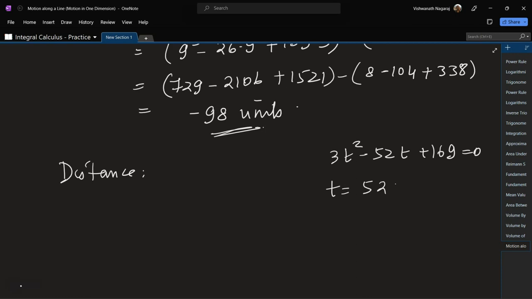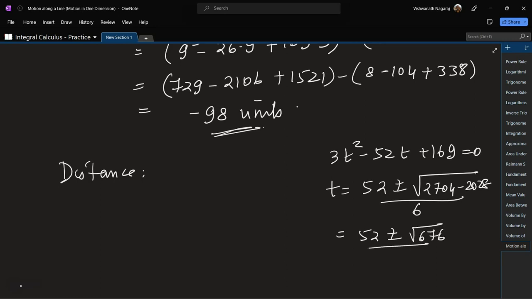Minus b plus or minus square root of b square minus 4ac, divided by 2a, that is 6. So b square is 2704, and 4ac is 2028. We get 52 plus or minus square root of 676, divided by 6.